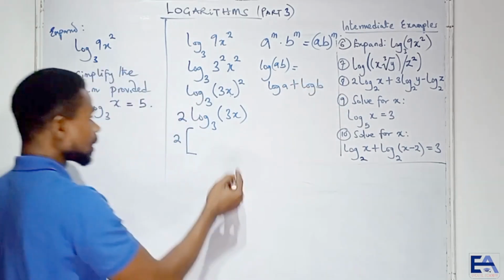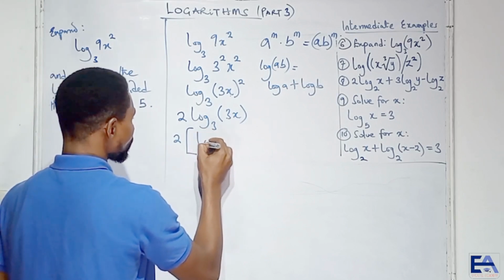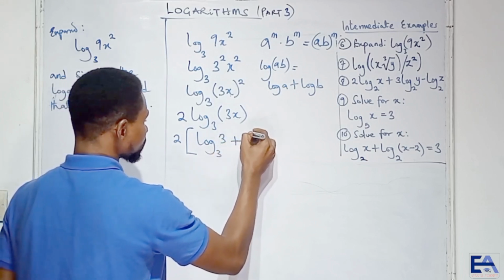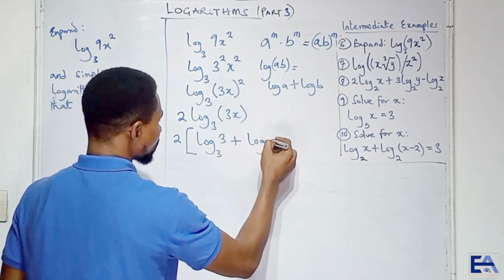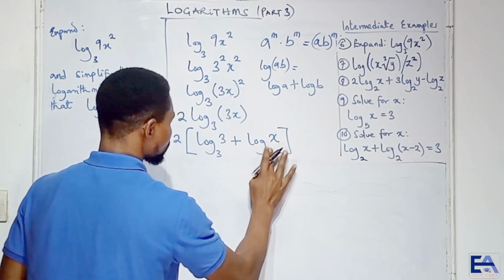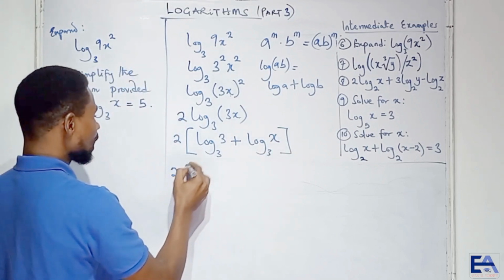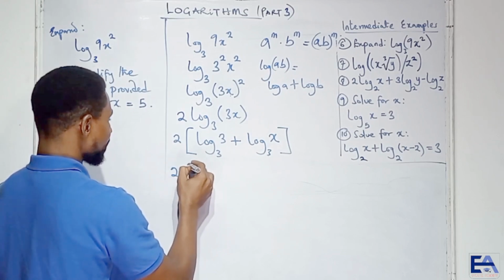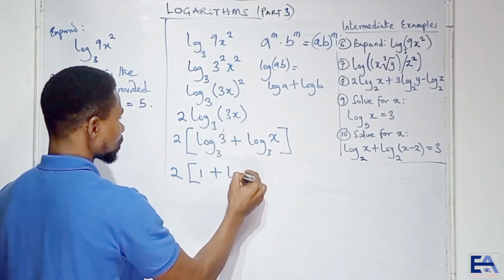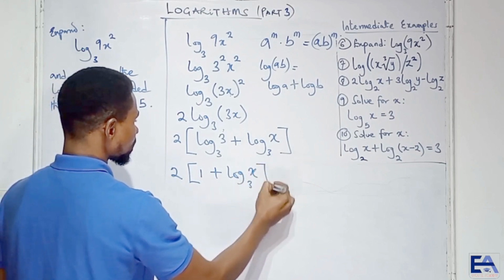Since 3 is multiplying x, we can change it to become log 3 to base 3 plus log x to base 3. So we now have 2 multiplied by log 3 to base 3, which is 1, plus log x to base 3.